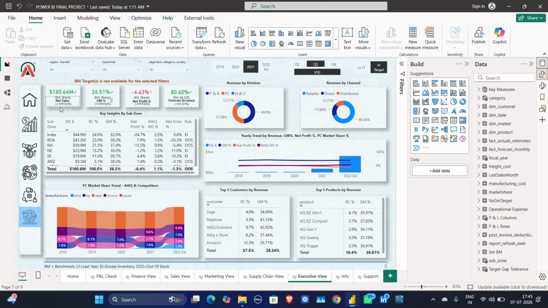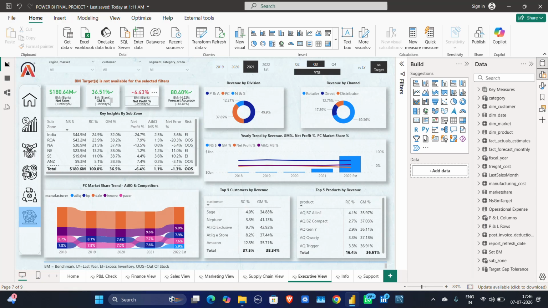So the first card shows net sales, which represents the total revenue generated after considering sales adjustments. The next KPI shows gross margin percentage, GM percentage. This tells us how much profit remains after covering the cost of producing the products. A higher gross margin generally indicates better profitability.